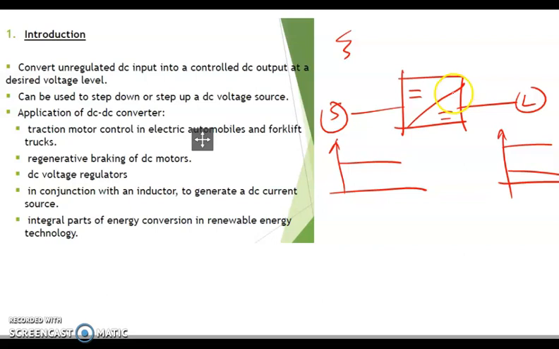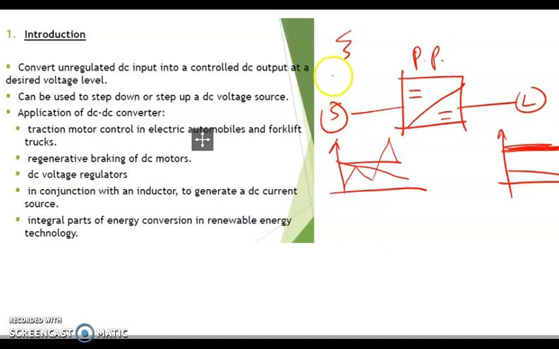So this is the function of this power processor here, to maintain the output at a certain level regardless of what happens at the source. Let's say the source has a ramping down voltage, the load must still be maintained at the required voltage. Maybe the source is fluctuating higher and lower.